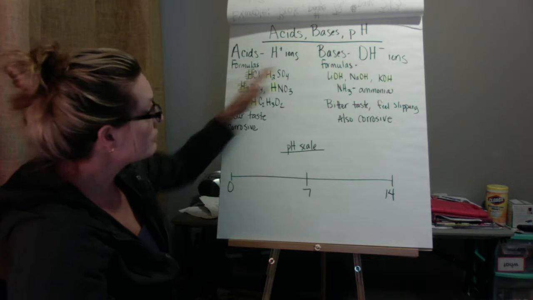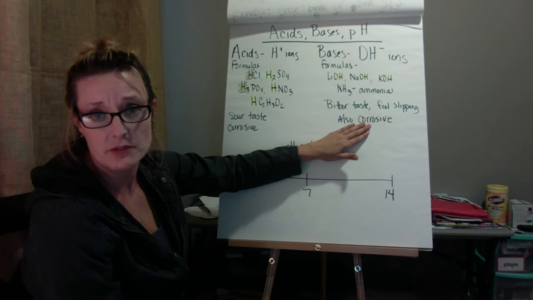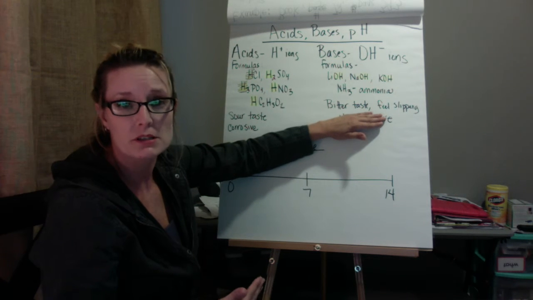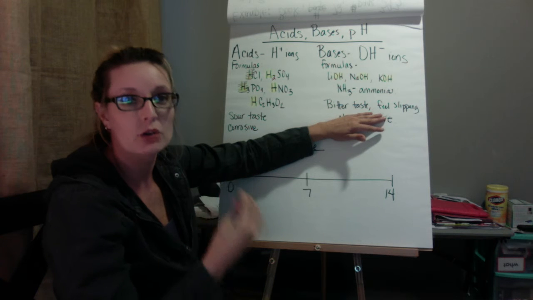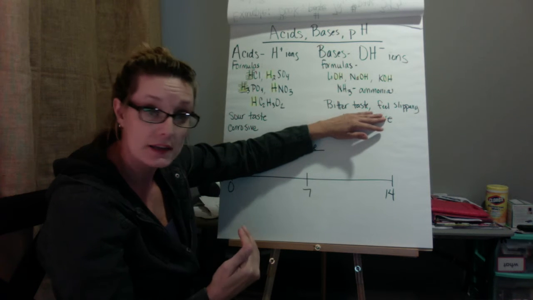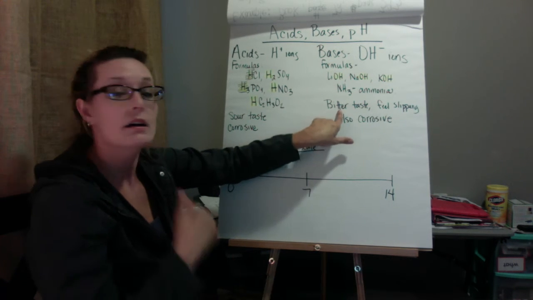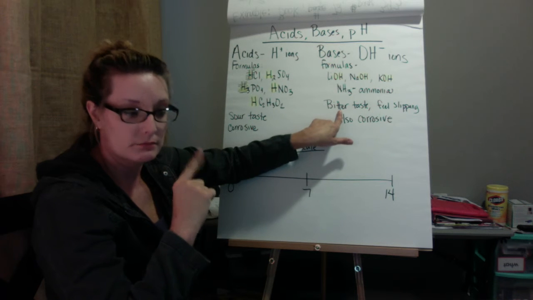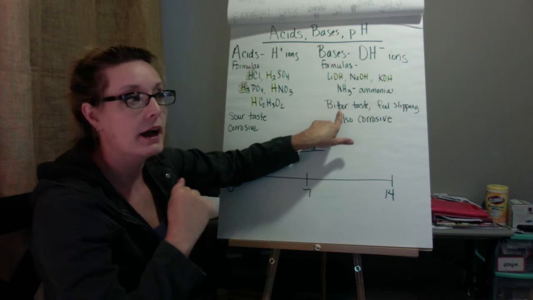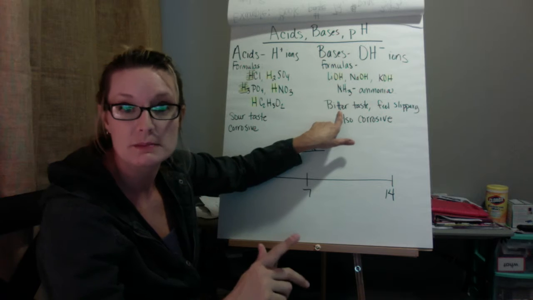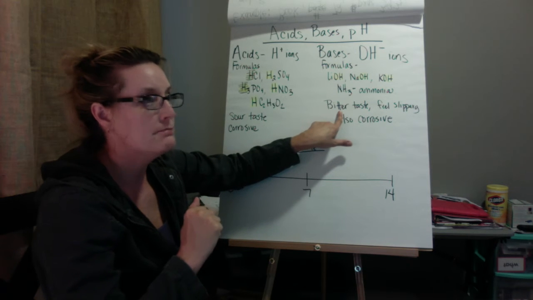They'll burn you. Bases are also corrosive, but they have totally different properties in terms of touch, feel and taste. They have a bitter taste. They're not sour. This is like antacids, like Kaopectate or Pepto-Bismol or Maalox.